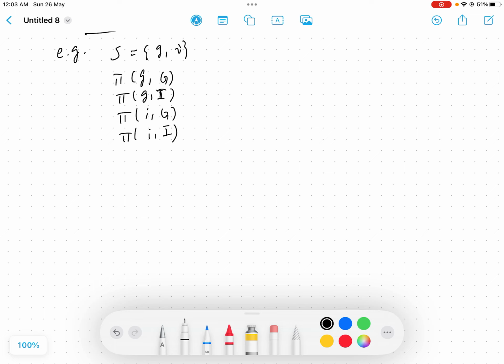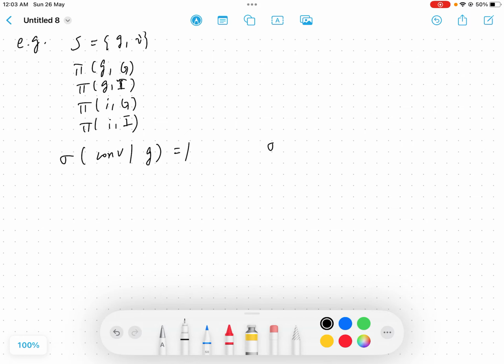So now we can consider this strategy, sigma, such that sigma is as follows. The probability of convict given small g is 1. Let's just consider this setting here. And sigma of acquit given g is 0.